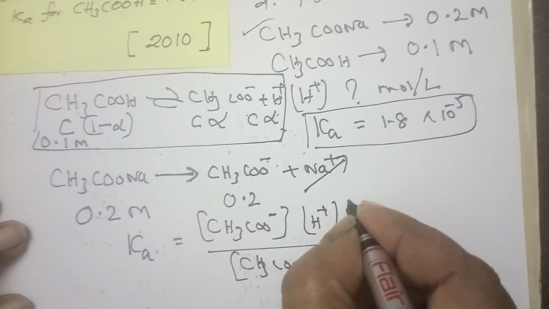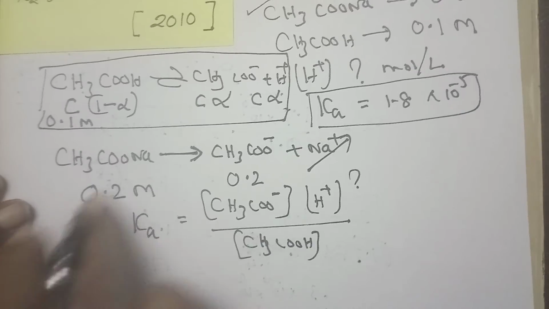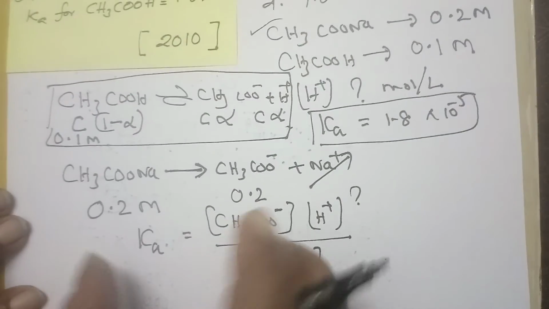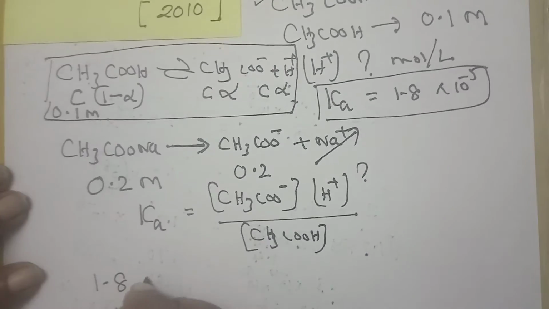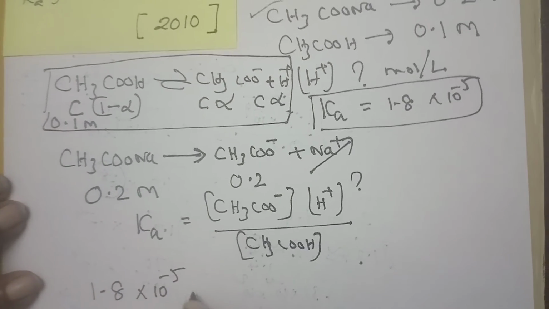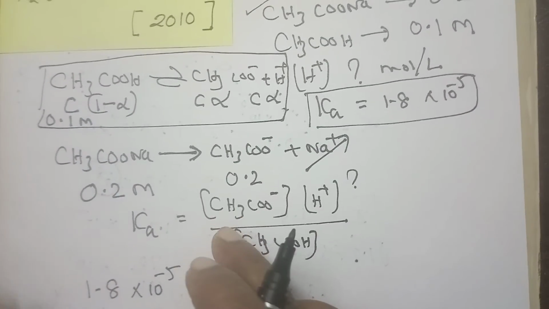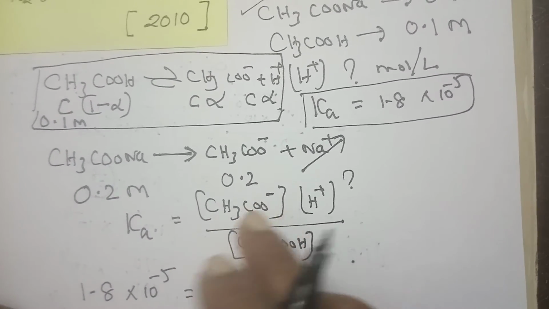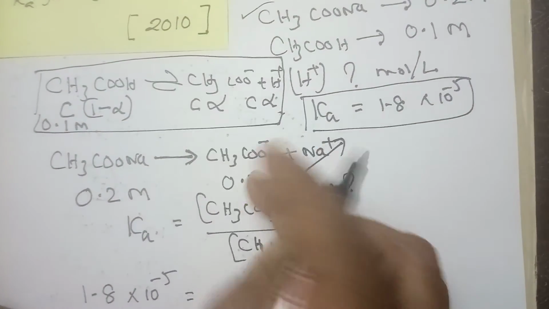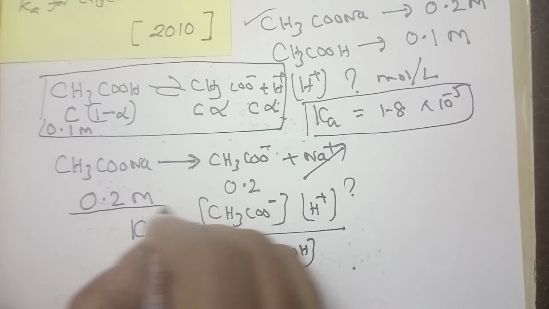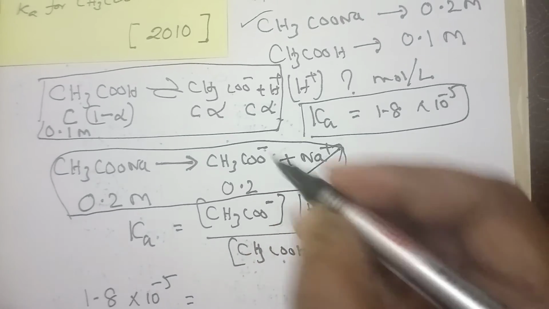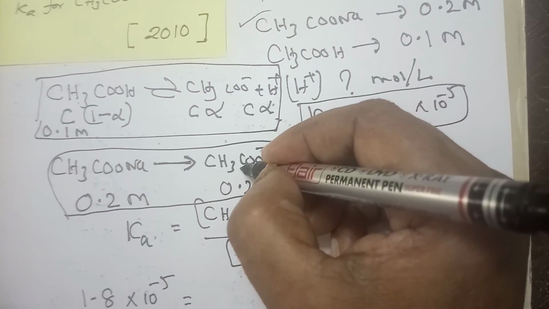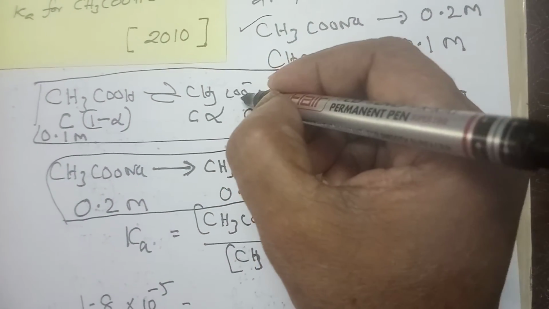Now let us see the question. Whatever data is available, let us fix it. Ka is 1.8 × 10^-5, equal to acetate concentration times H plus over acetic acid concentration. In the equation, there are two places where acetate ions are present: here CH3COO minus, and here also CH3COO minus.